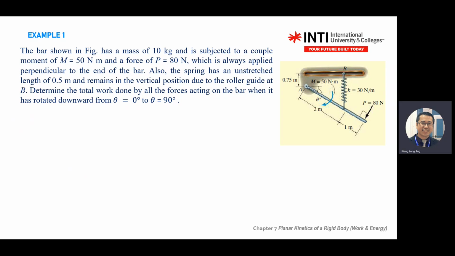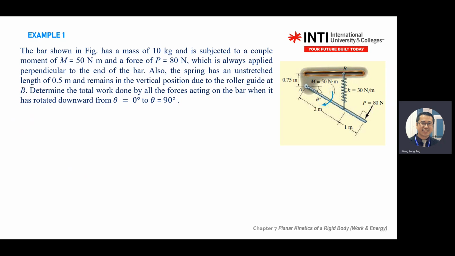Don't trust the diagram. So means before it is mounted, it's a bit shorter than this one. So okay, then you continue to read. Remain in vertical position due to roller guide in B. Means no matter how you turn the thing, this spring will always be vertical. No matter how you twist the rod, it is still vertical and it is sliding.